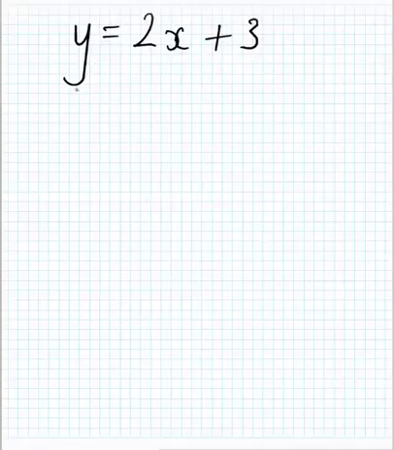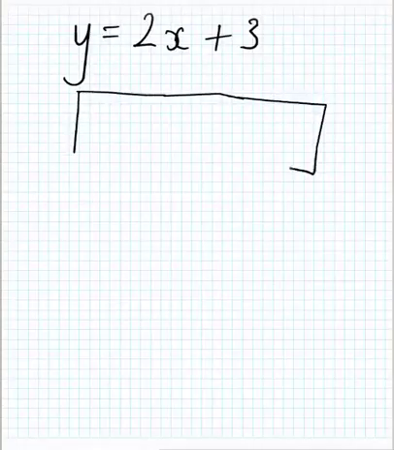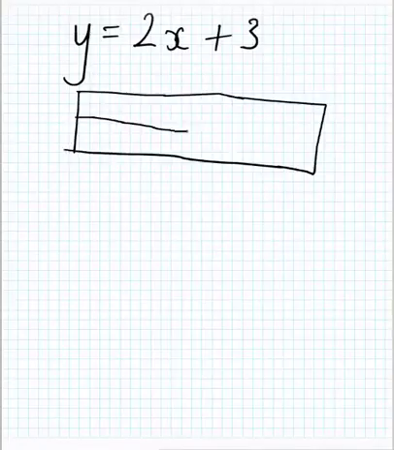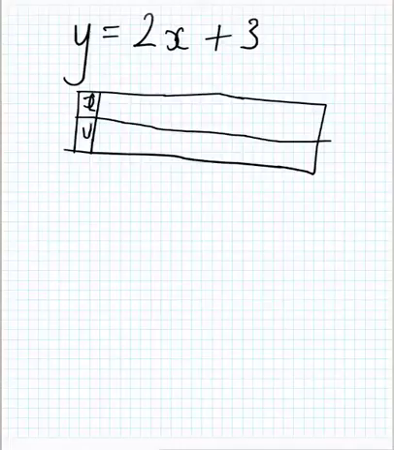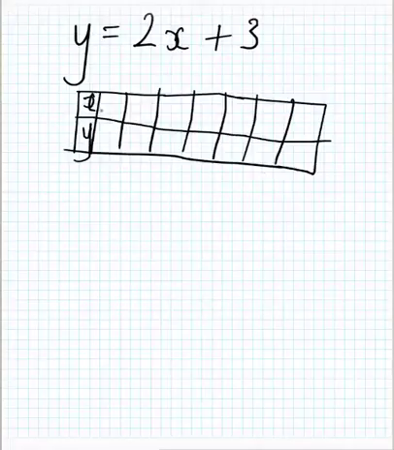To do this, first of all, we draw a table of values. It's good to have about 6 to 8 spaces, so y and x. So 1, 2, 3, 4, 5, 6 should be okay. When doing this from scratch, sometimes the question will give you some points for x.